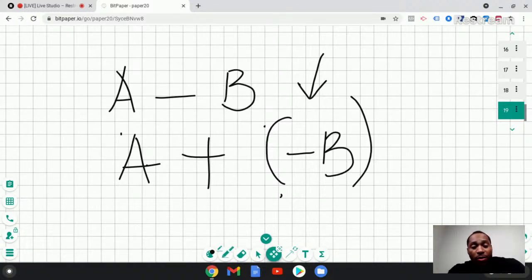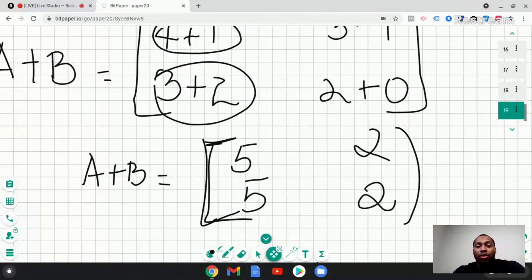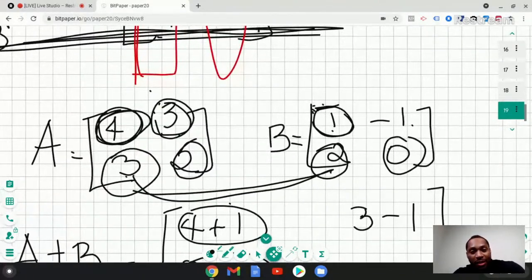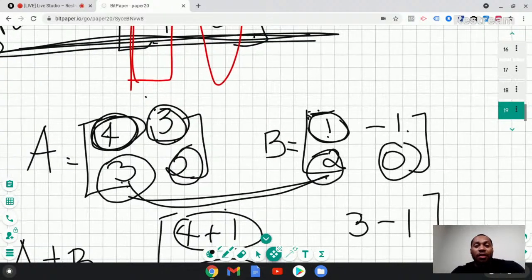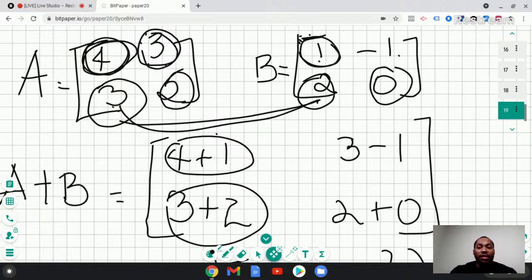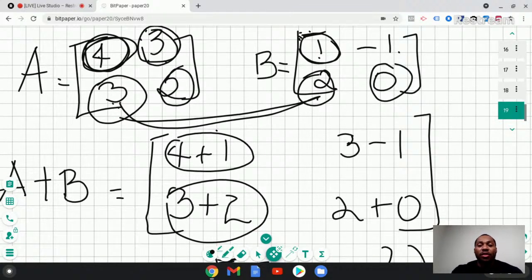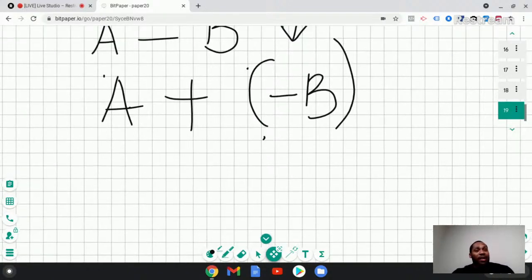So B has 1 times -1. Basically you change the sign of each of the elements in the matrix. This one goes from a negative to a positive. This is 0, it's still going to stay 0. You can think of it that way if that's easier for you.